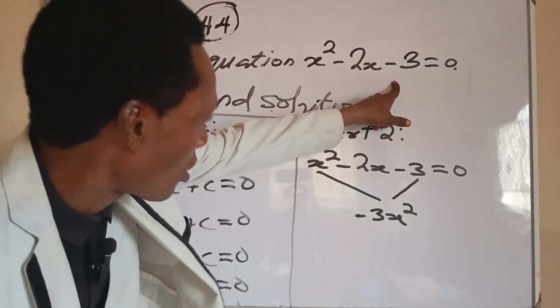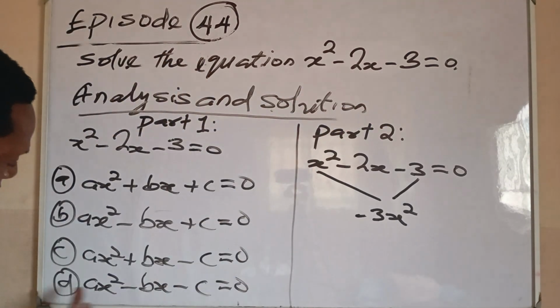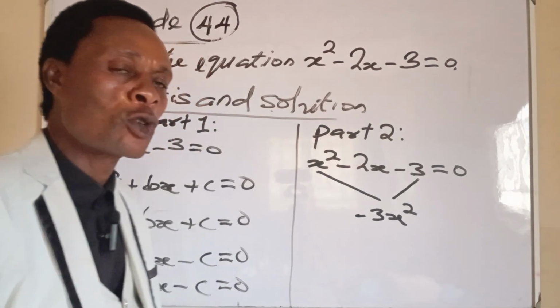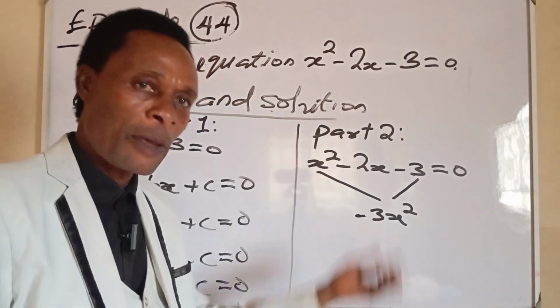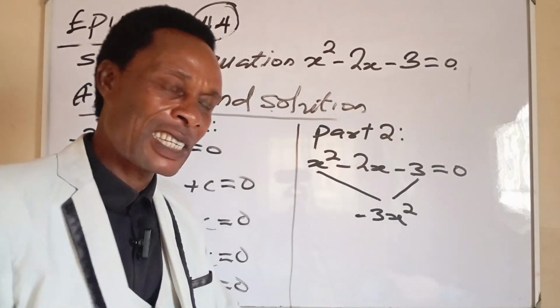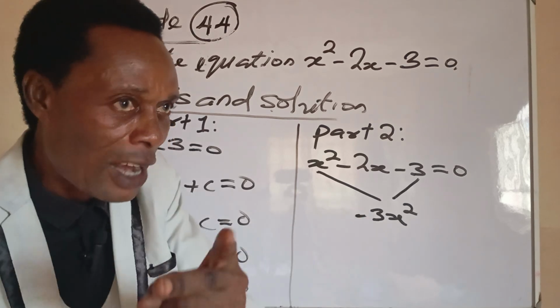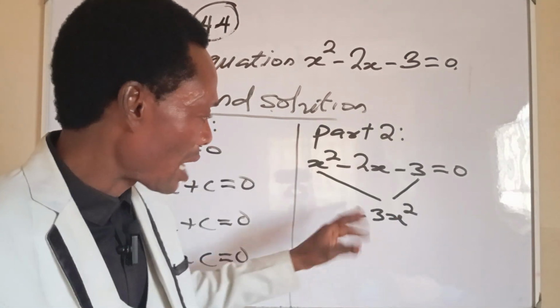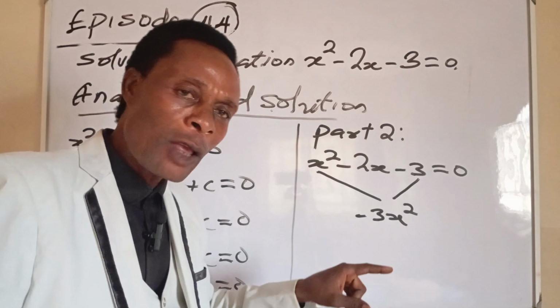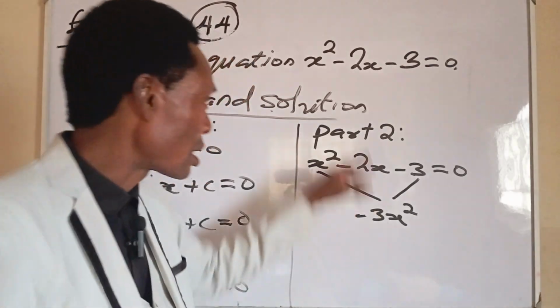So now the next thing that you should consider, based on this question, I meet up with the fourth option here. So it means that of the 2 factors that we consider here, the bigger factor must be preceded with a negative. What are those 2 factors that you can multiply together to give you minus 3, and when you add these 2 factors, it will give you minus 2?